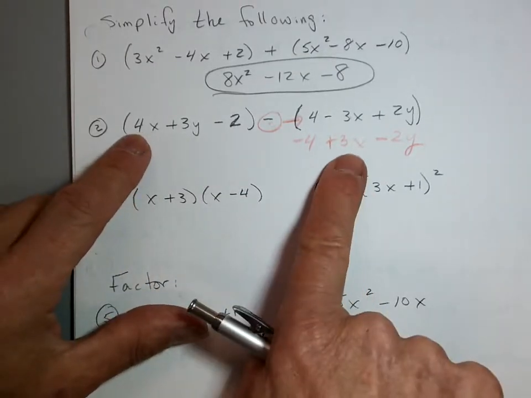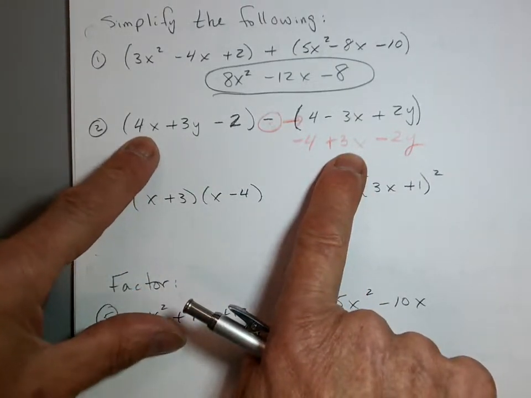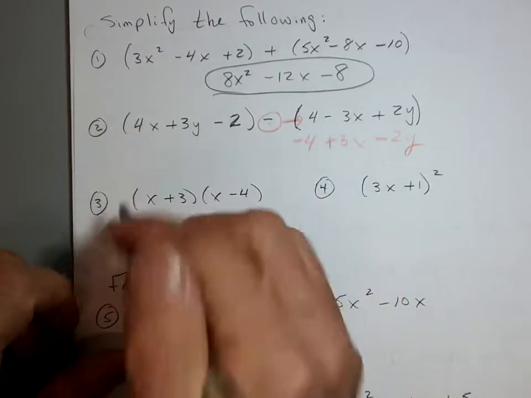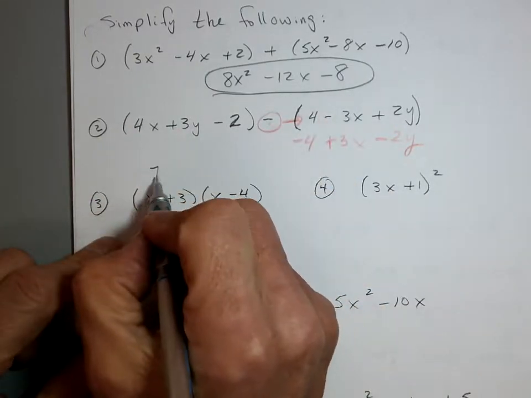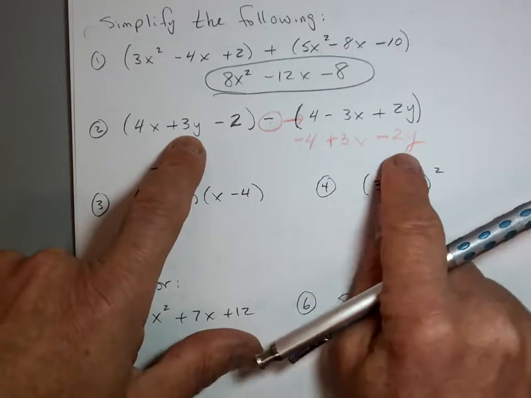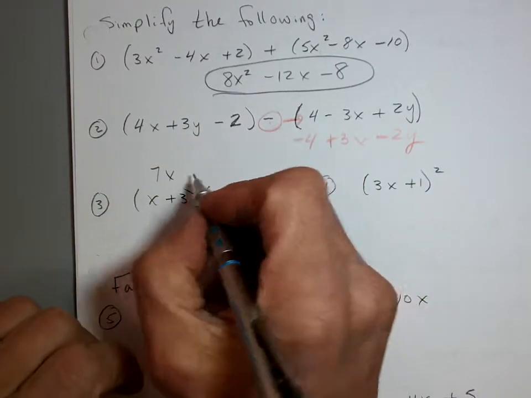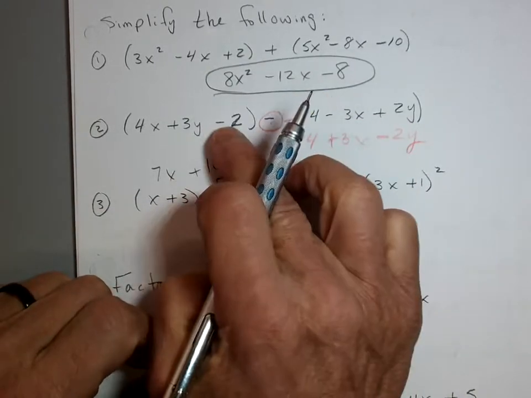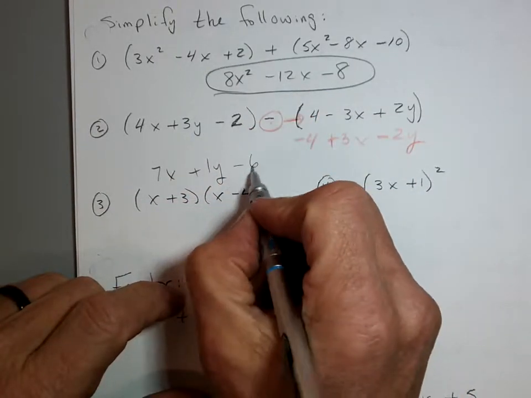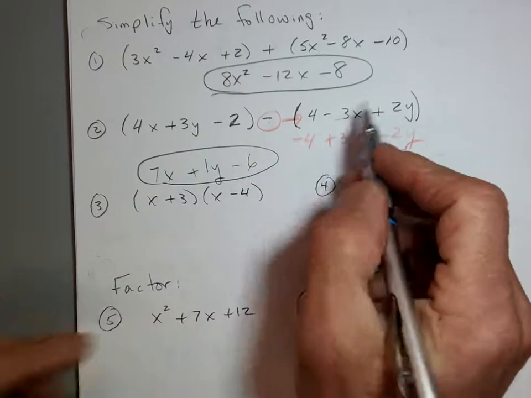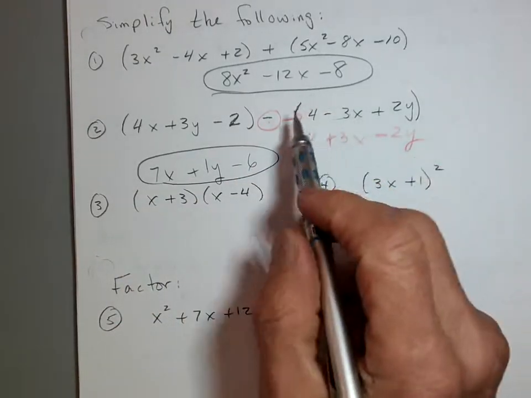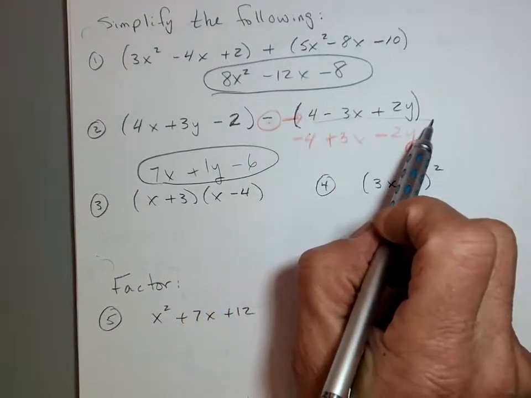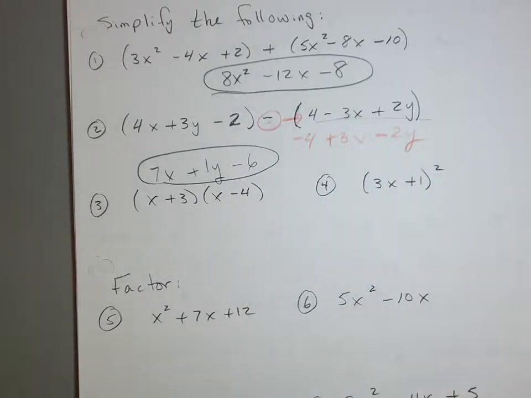So 4x with a 3x gives me a 7x. My 3y with my negative 2y makes a positive 1y. And my negative 4 and negative 6 make negative 2 and negative 4 makes a negative 6. So again, if you're subtracting the whole thing, if it has parentheses, I distributed the negative through first, and then I combined like terms.